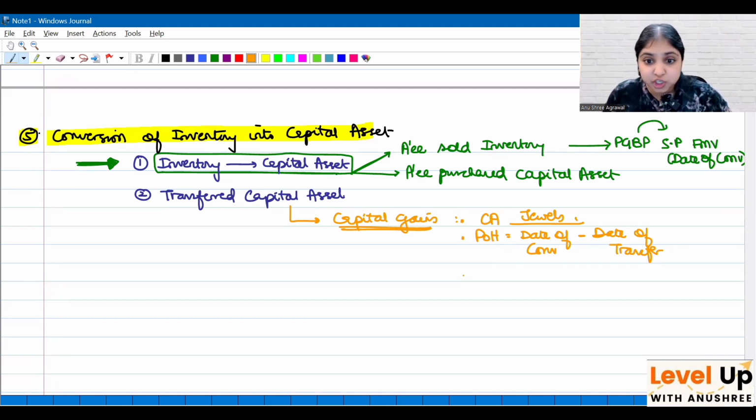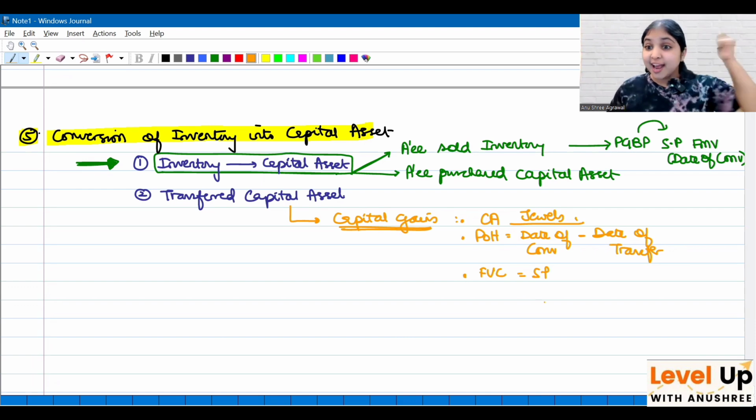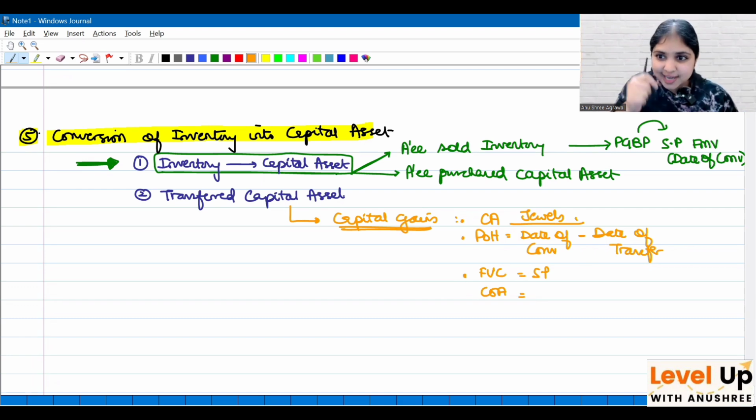You start the computation. Full value consideration will be what? Whatever is your selling price for however much you're transferring, that will become your full value consideration. Now tell me, what will be your cost of acquisition? In reality, did you purchase a capital asset? No. But what are we assuming? On the date of conversion, I am assuming you purchased a capital asset.